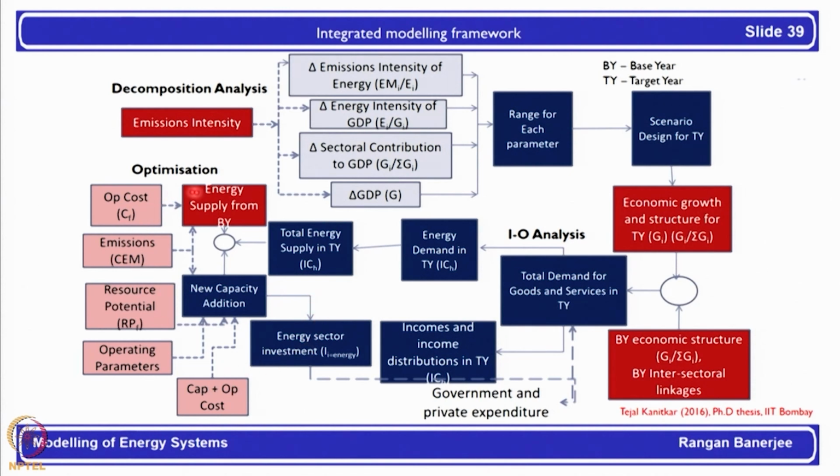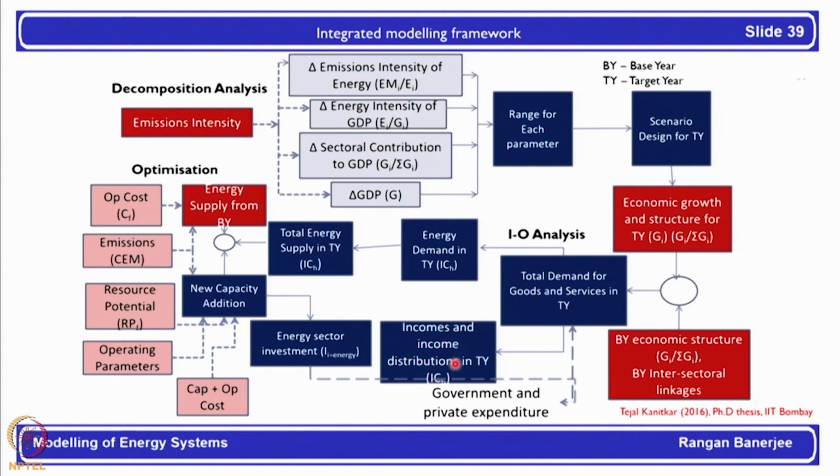We tried to do an optimization model under different scenarios, and using that we estimated the total demand for goods and services, and then ran an input output model to see what will happen in different sectors. We then saw the impact on different household classes and on income and income distributions.